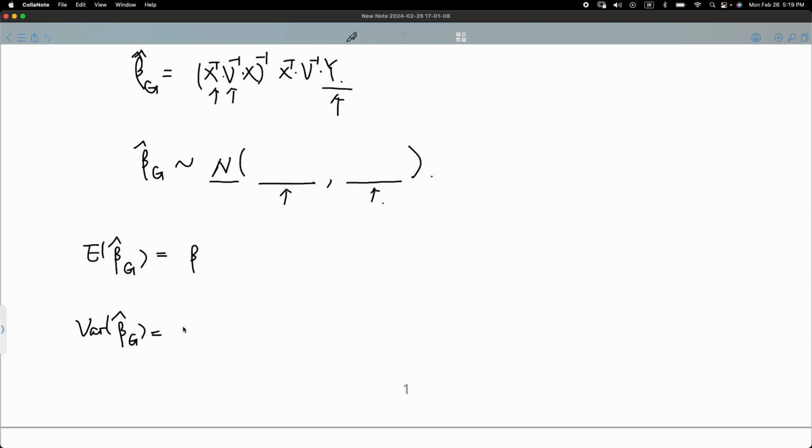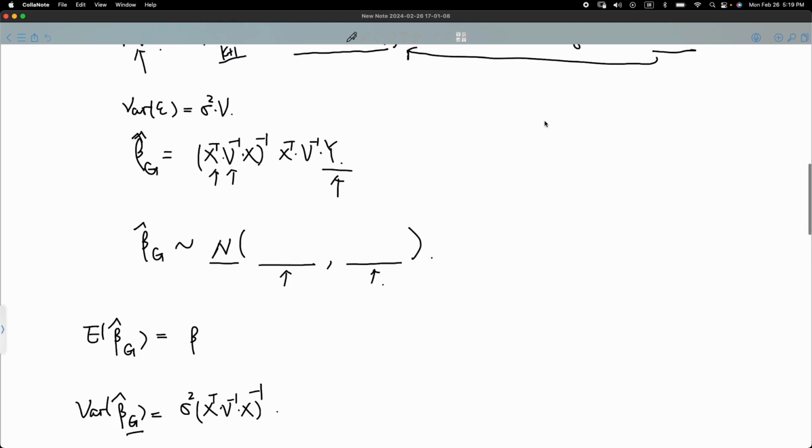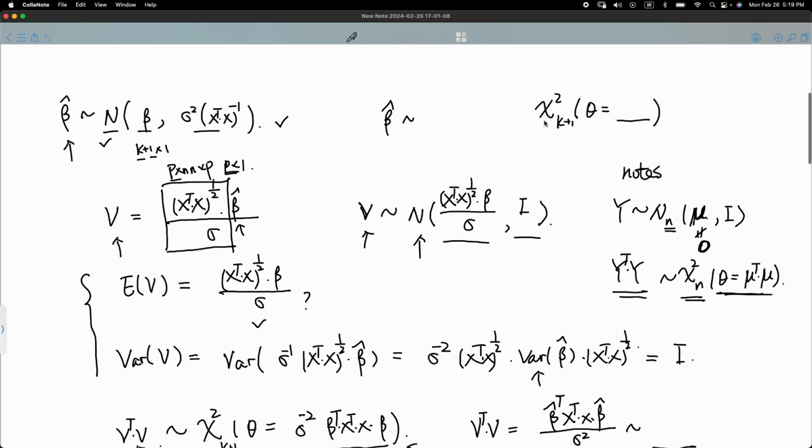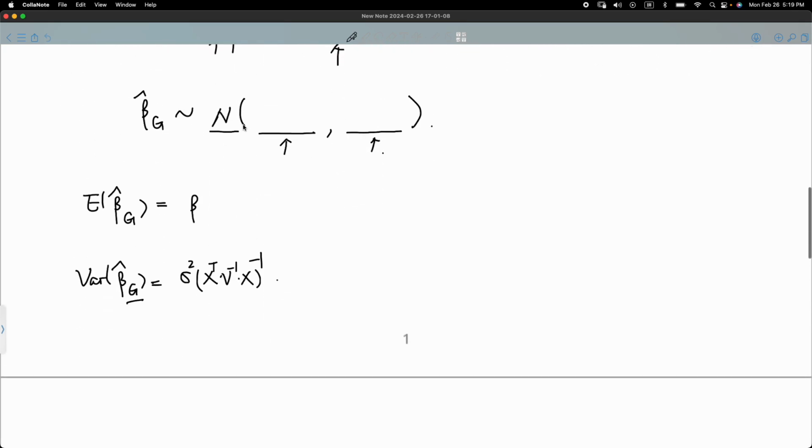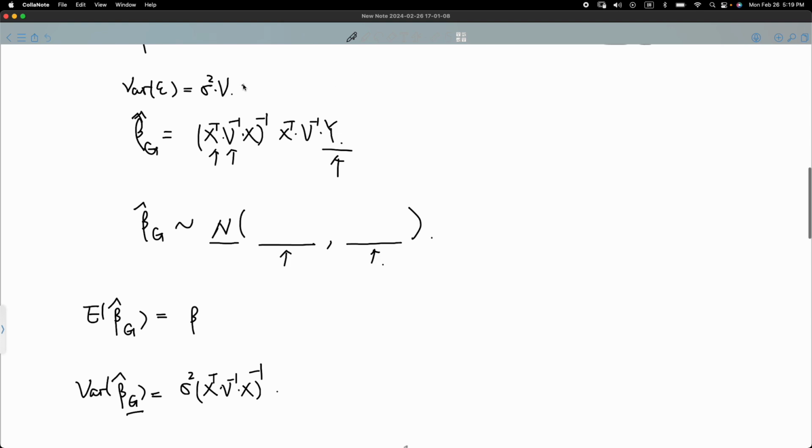And then the variance for this beta hat g is X transpose V inverse X, altogether inverse. Earlier, without the new V, the covariance had this form. When we add this new condition in our covariance matrix for the epsilon term, the variance for beta g is now different, involving a V as well.